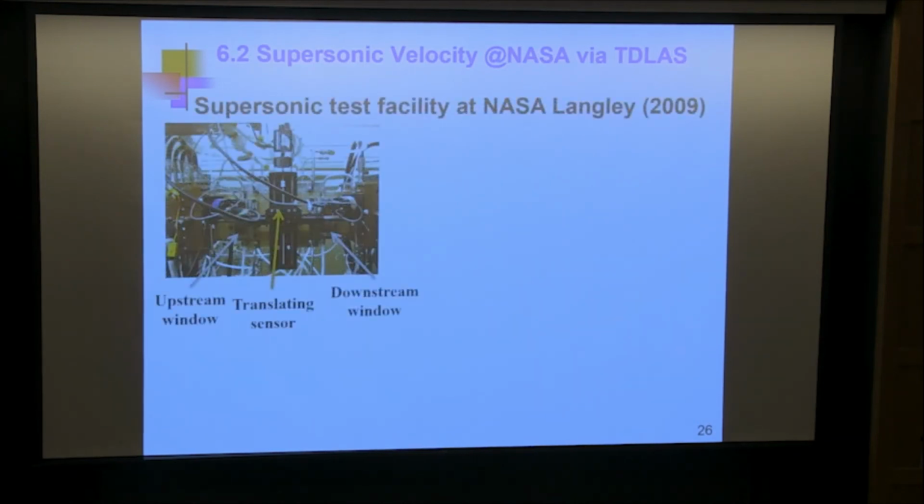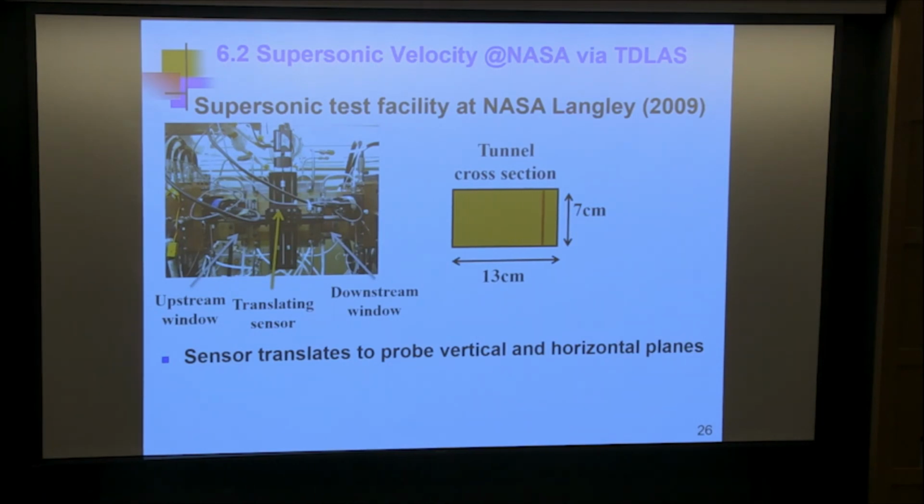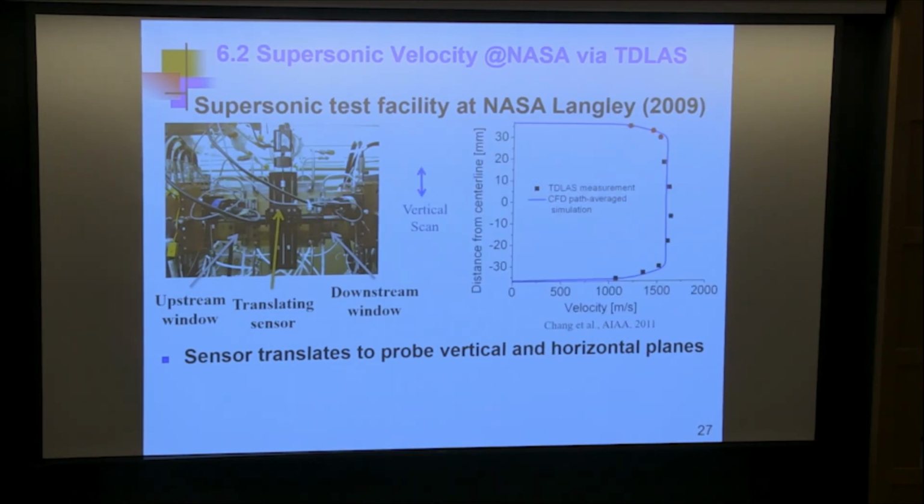We also went to, oh, here it is. This is the NASA Langley test, just some more results. We were scanning this way and this way. It was about a 7 by 13 centimeter test section. And the good news is he was able to measure the velocity at fixed locations and compare it with their CFD codes.